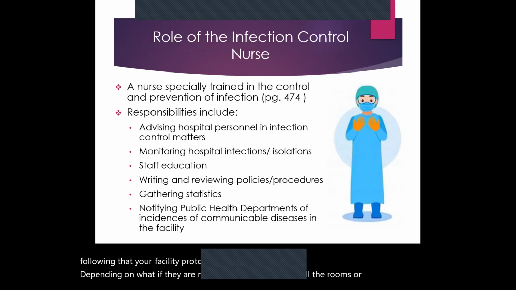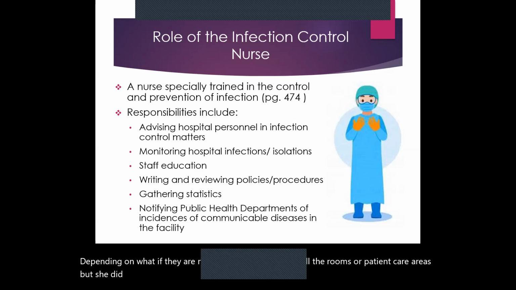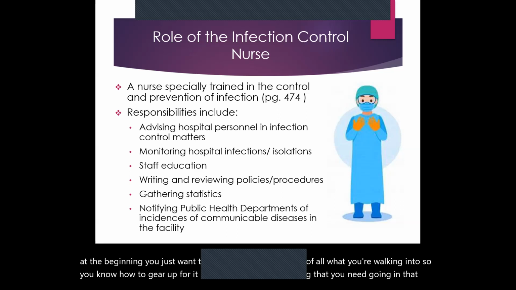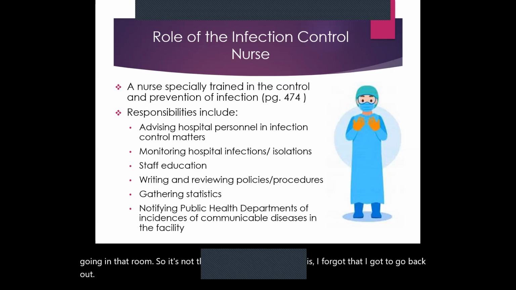All right, so role of the infection control nurse. This is on page 474 of your text. This is a nurse who's actually specially trained how to prevent and control infection. They look at all types of things. They look at blood cultures, like what's going on, what's the prevalent pathogen in the hospital right now. They educate staff. They're huge on a huge educational component.